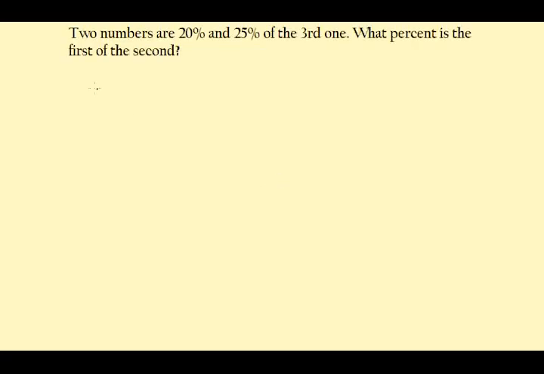So let's try out another example here. The question says two numbers are 20% and 25% of the third one. So what percent is the first of the second? In this kind of sums, always assume the third number to be 100 or 10, whichever is favorable. So the third number is equal to 100.